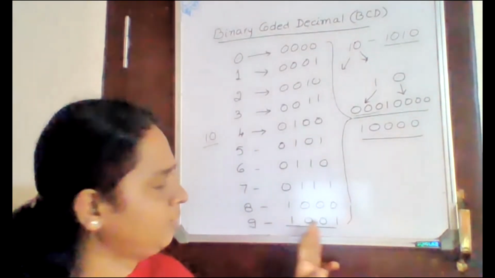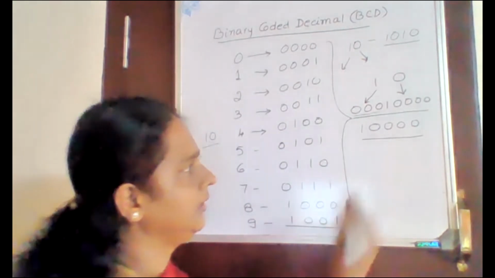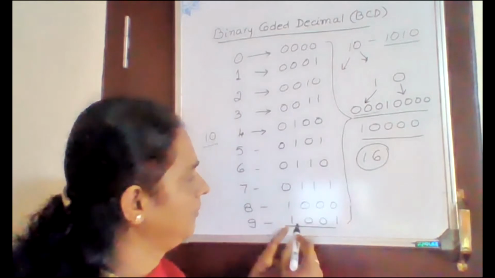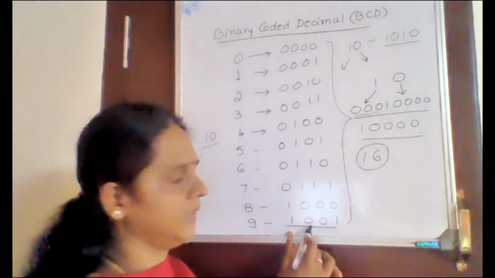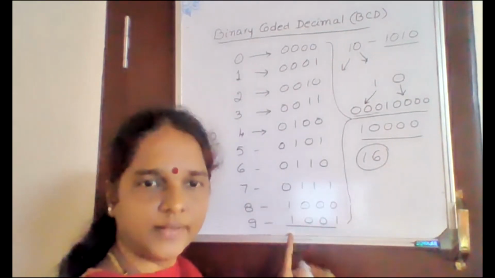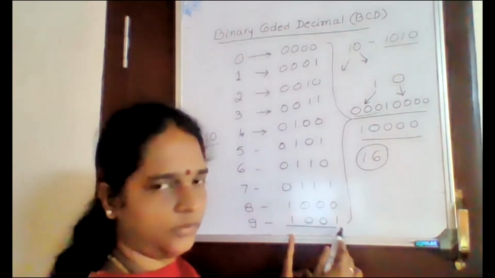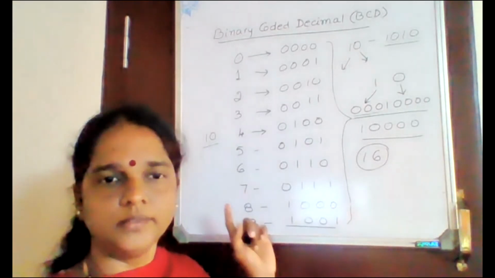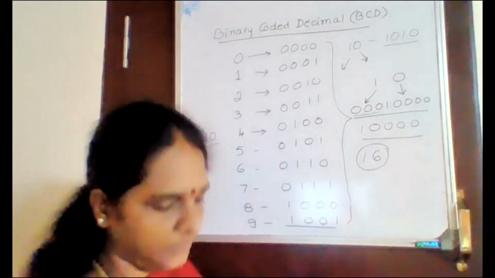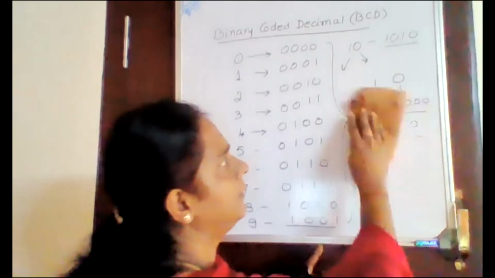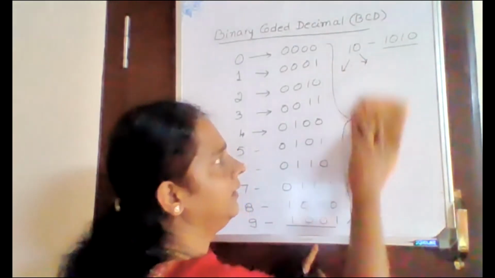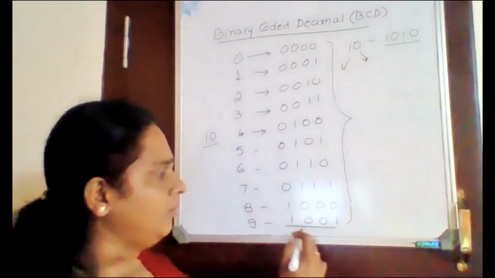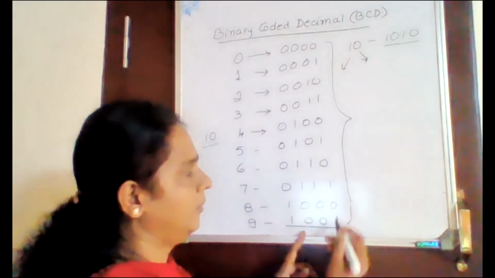By using 4 bits, we can make totally 16 combinations, but the combinations with values above 1001 are discarded in BCD. They are all invalid numbers. The invalid numbers in BCD are the numbers which have values above 1001.